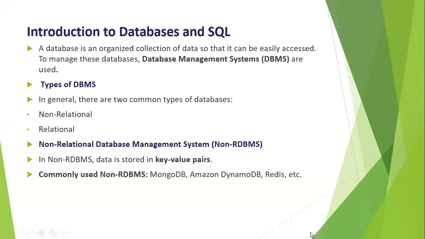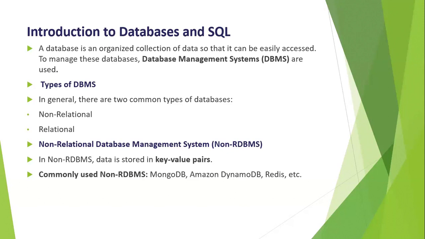In the database, it is in table format. So data is stored in table format in the database. Just remember this. Like Excel, where we have rows and columns, similarly we have rows and columns in a database.